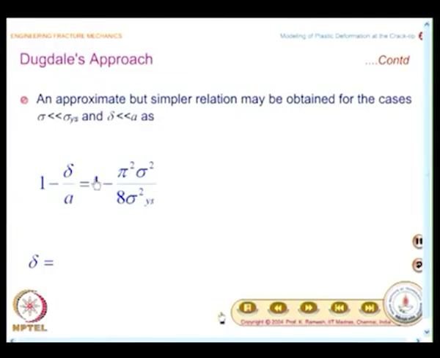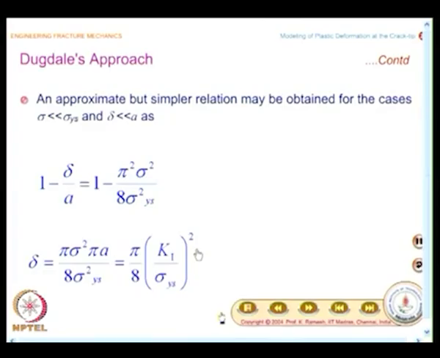So, from this I would be able to calculate the expression for delta, and delta turns out to be pi sigma squared pi a divided by 8 sigma squared ys. Since we are handling a central crack in an infinite plate, I can bundle this and write this as pi by 8 K1 by sigma ys whole square.